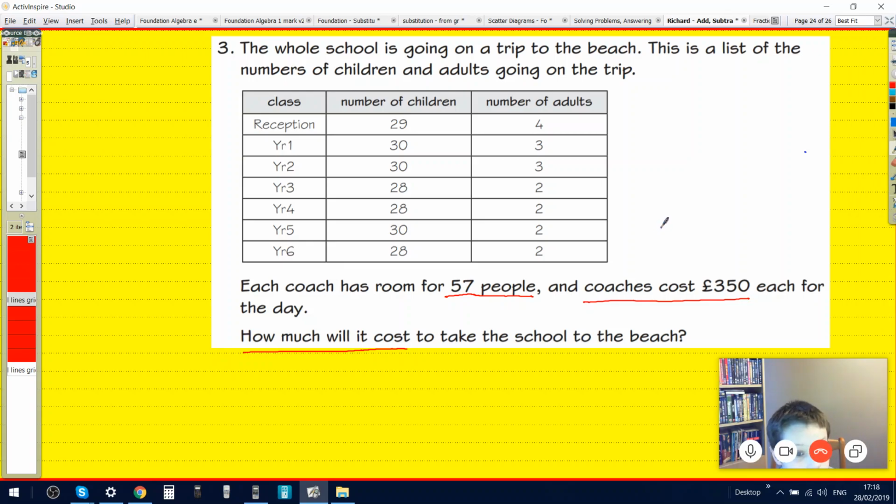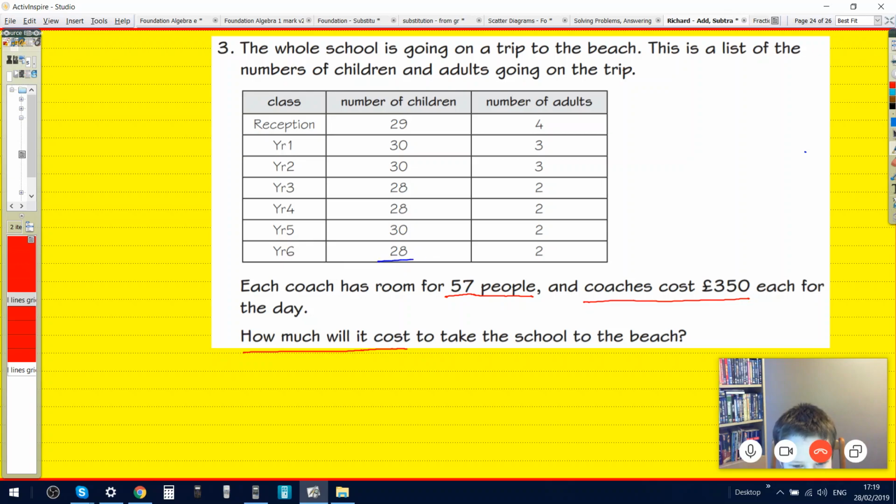So I think first of all we need to do 29 plus 30 plus 30 plus 28 plus 28 plus 30 plus 28.